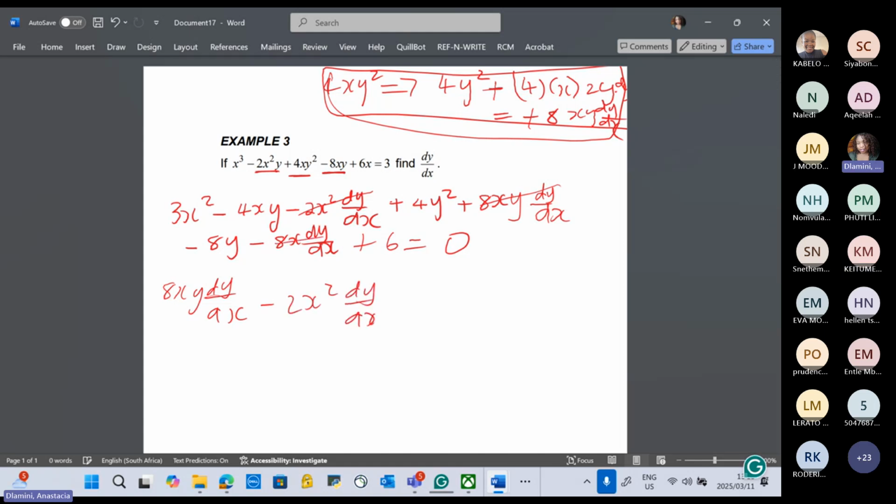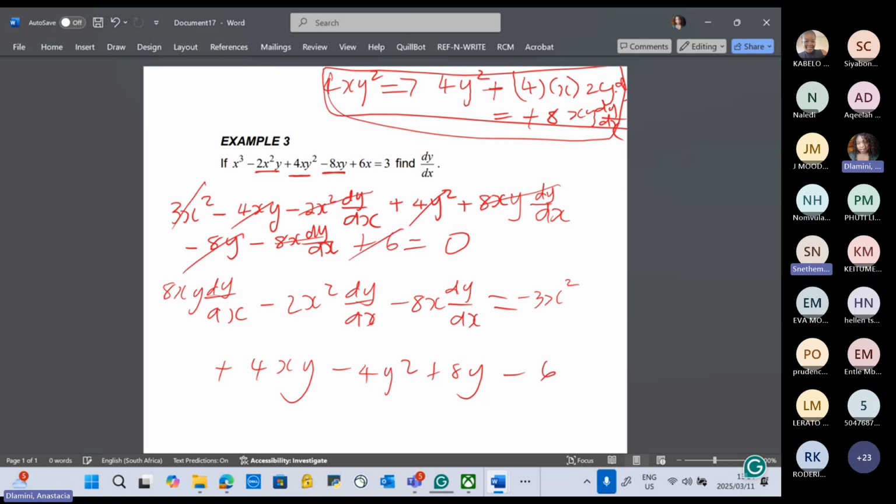There's another dx here, minus 8x dy dx. Then we have left with nothing. So let's take the other ones to the side. So there's minus 3x squared, which is this one, plus 4xy, which is this one, minus 4y squared, which is this one, plus 8y, which is this one, minus 6.